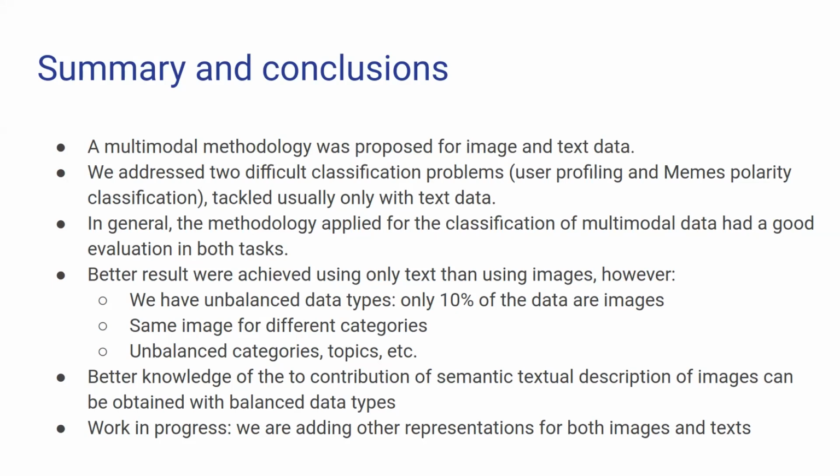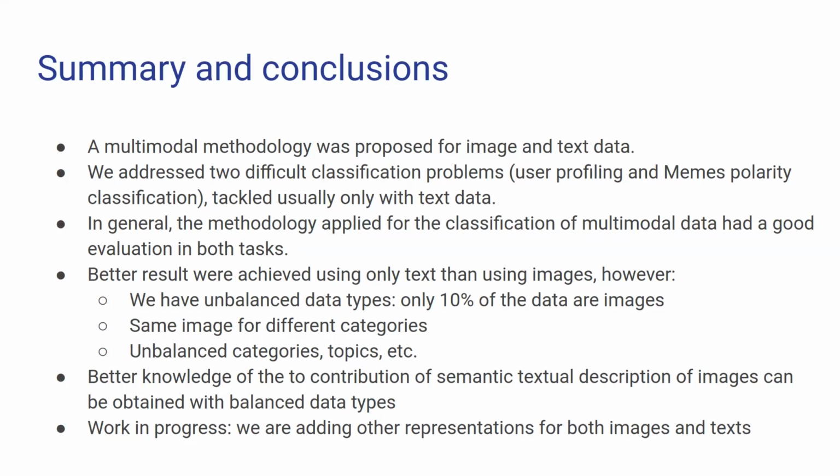This is for the memes polarity task. And we have unbalanced categories and topics in the data, which means that we have more sarcastic content in the memes than humorous or other categories.